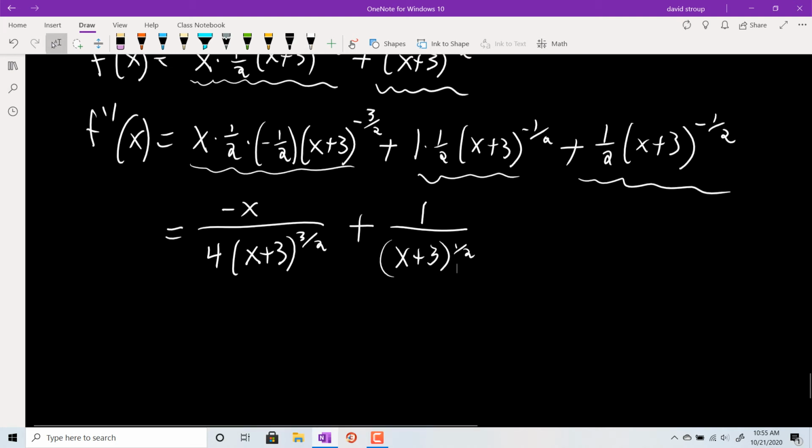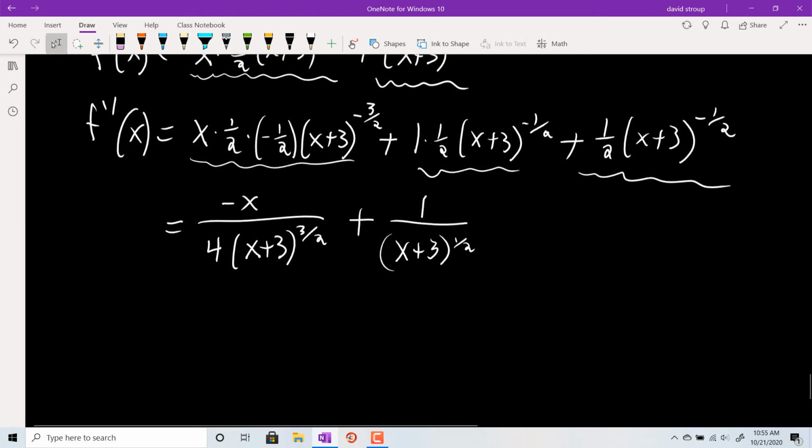I need to set it equal to 0 eventually, so I'm going to find a common denominator here and then simplify it so it's just easier to work with that way. So the second term is missing a factor of 4, and it's also missing x plus 3 to the 2/2, or the first power.